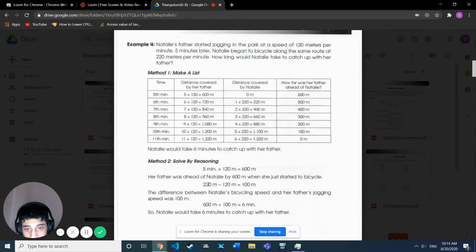There are way easier methods. The first thing you can do is multiply the time of the person who's ahead by their speed. That gives you 600 meters ahead.